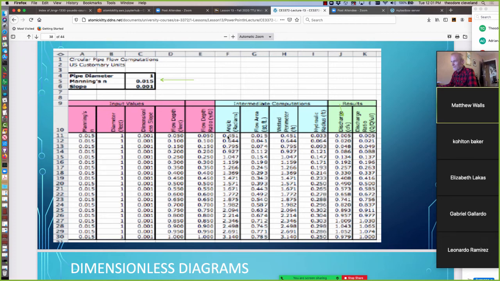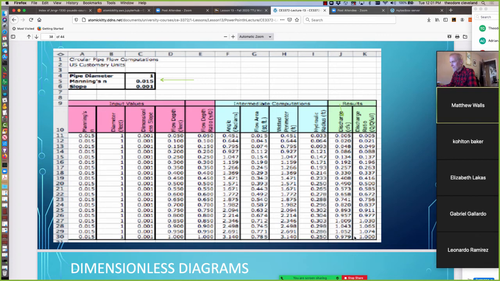Then we have some intermediate computations where we calculate that angle alpha, the flow area, the wetted perimeter at these different depths, and the hydraulic radius. Then from that we compute discharge in actual units, and then we divide that computed discharge by the discharge when the pipe is full.